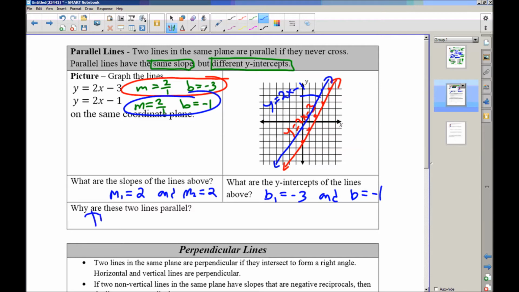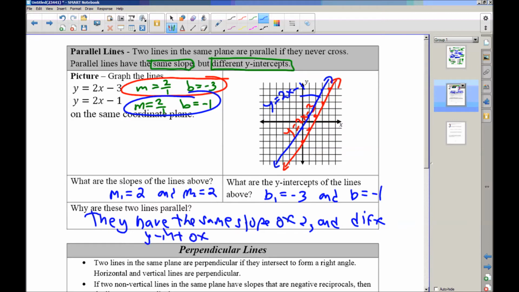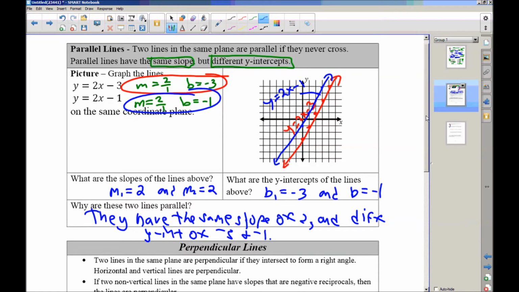They have the same slope of 2, and different y-intercepts of -3 and -1.